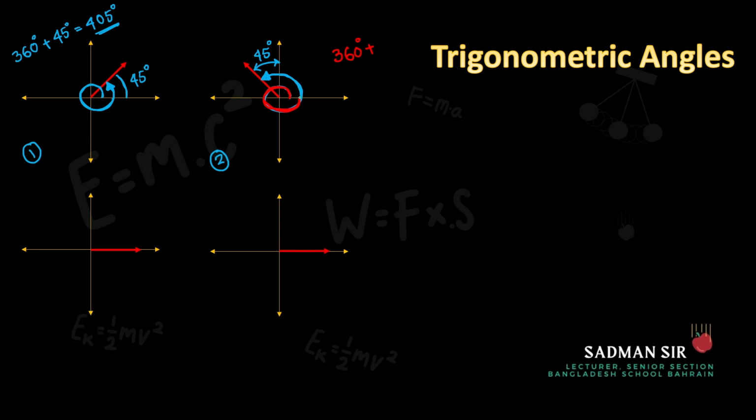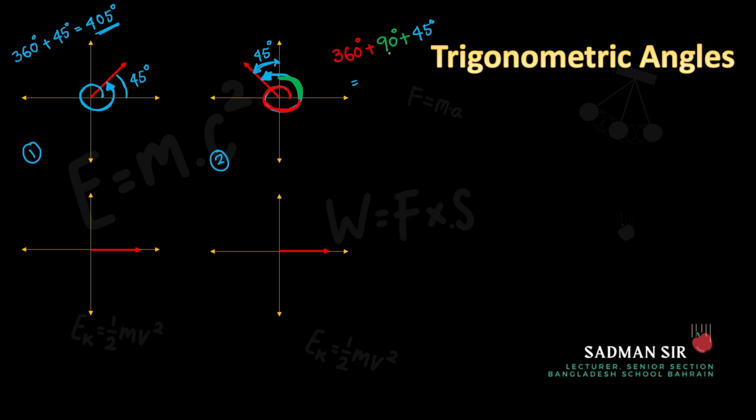From here it came here, right? It rotated further 90-degree. So we will add that 90-degree, and then it went more 45-degree, right? 45-degree more. This part is more 45-degree. So we will add it too.